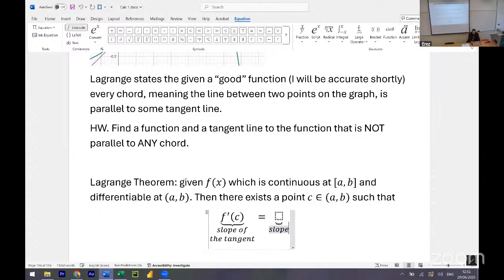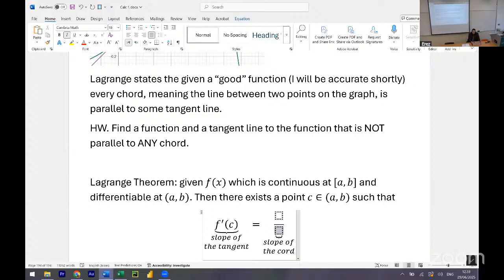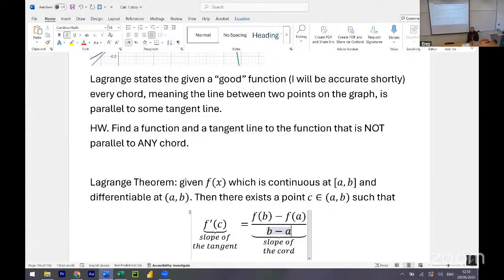It's equal to f of B minus f of A over B minus A. Exactly. See, when you understand what should be written there, the formula becomes clear. That's what Lagrange's theorem states. This is the slope of the tangent line. It must equal the slope of the chord. There is some point at which the slope of the tangent line actually equals the slope of the chord.